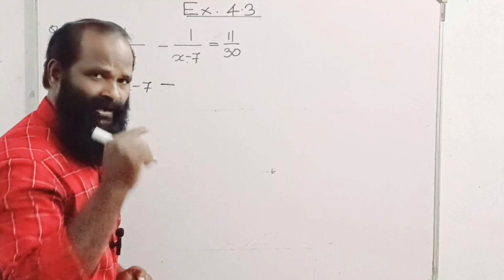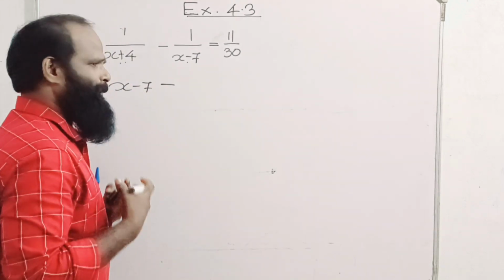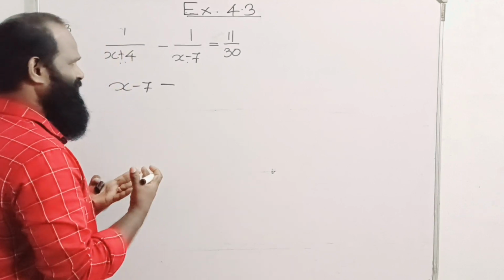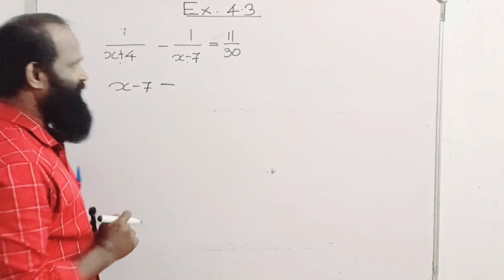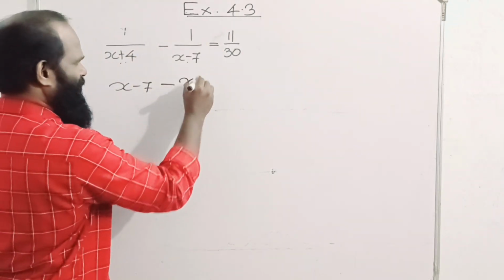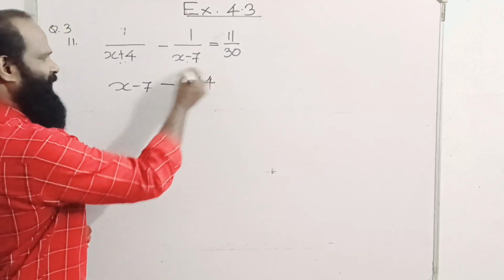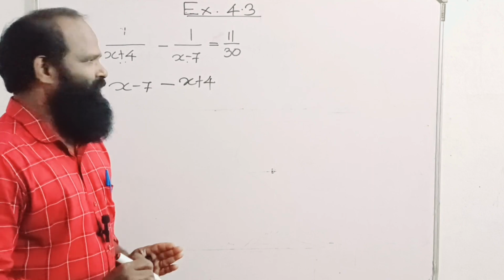There is a mistake of writing things as I'm going to write now. Students may sometimes write this way: 1 into x minus 7, there is no problem with it, minus 1 into x plus 4. This way of writing is very much wrong.